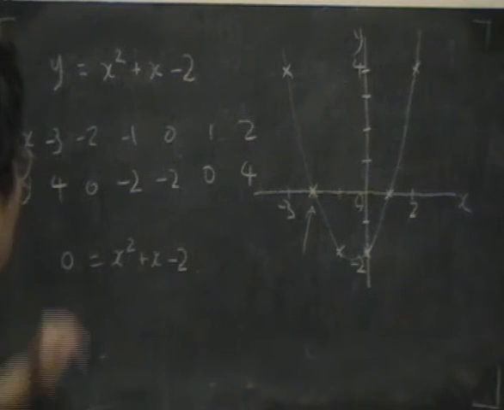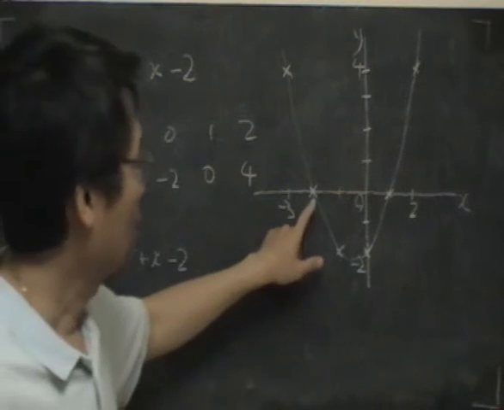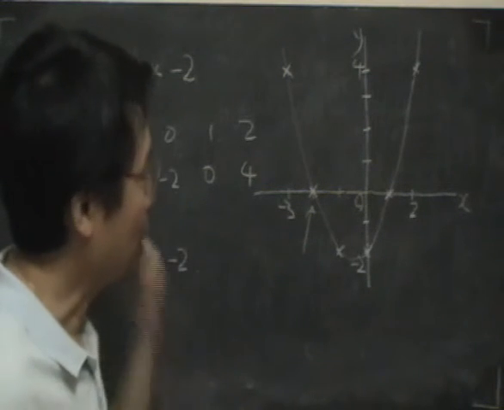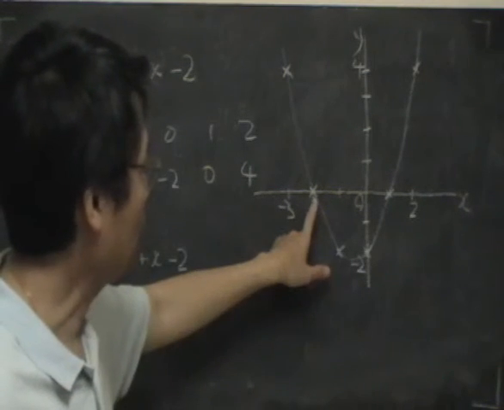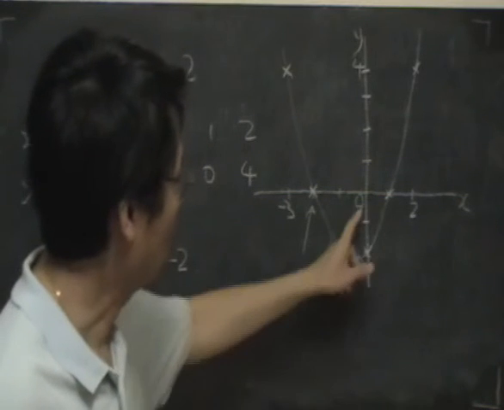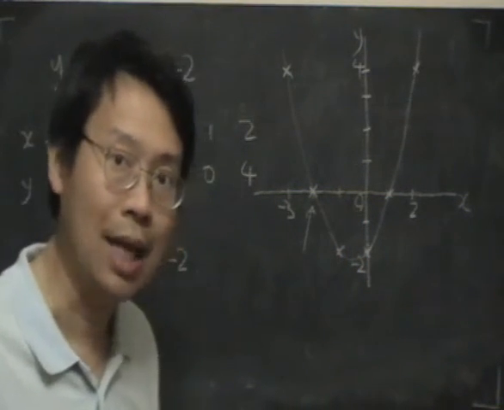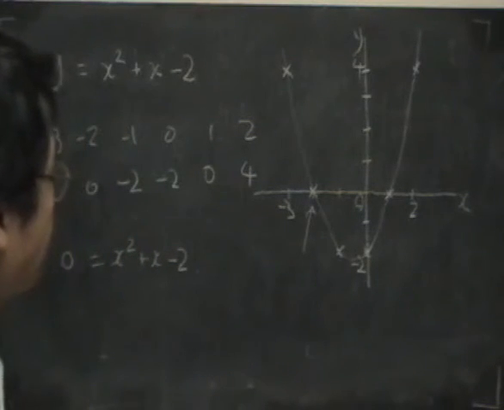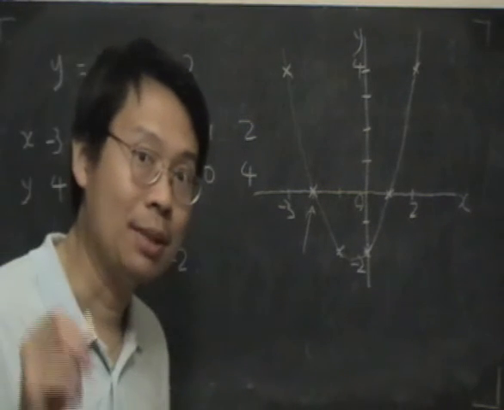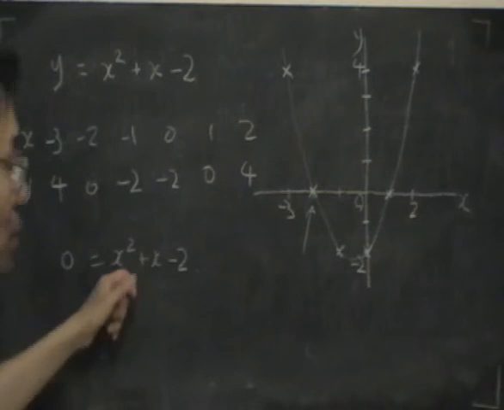What about the x value? On this point, the x value is -2, because 0, -1, -2, -3. So on this point, the x value is -2. And that means that -2 is an answer to this equation.